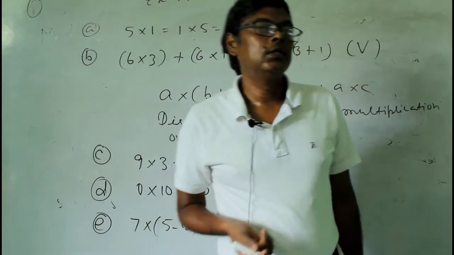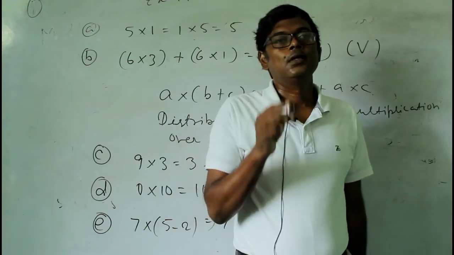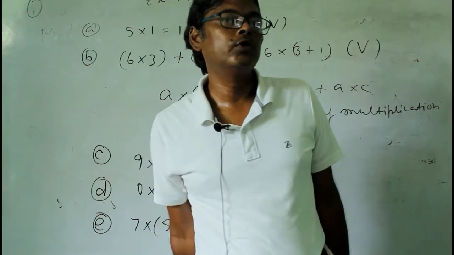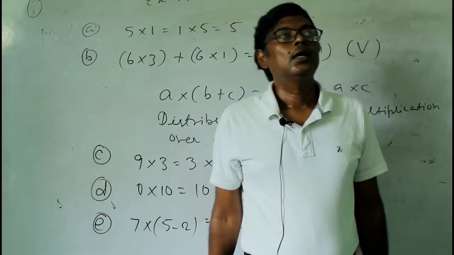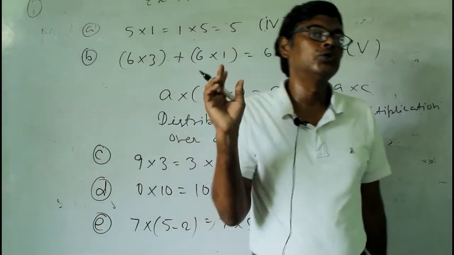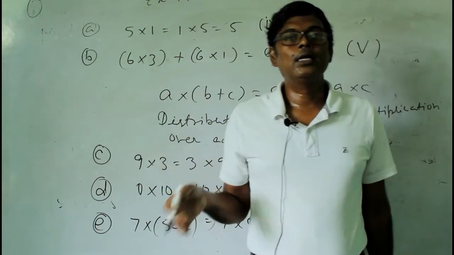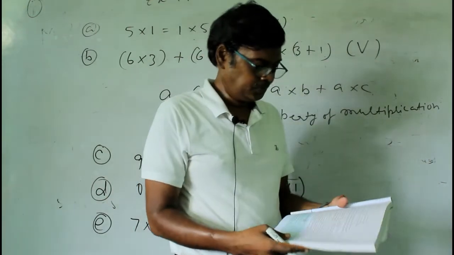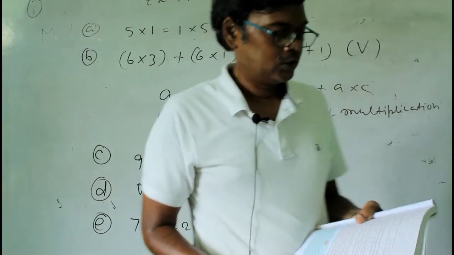For division, if you divide 0 by any non-zero whole number, the answer will always be 0. And if you divide any number by 0, that will be undefined or meaningless.